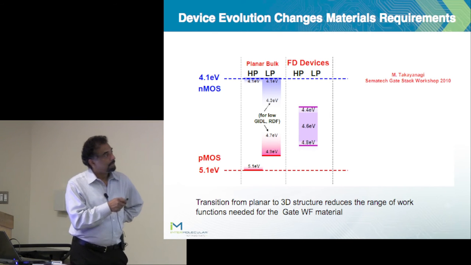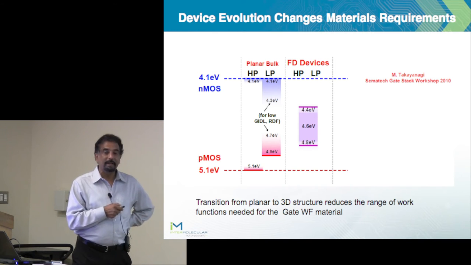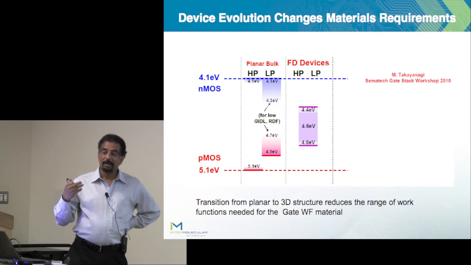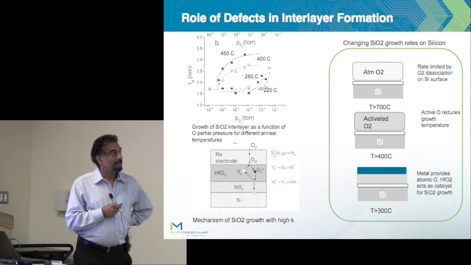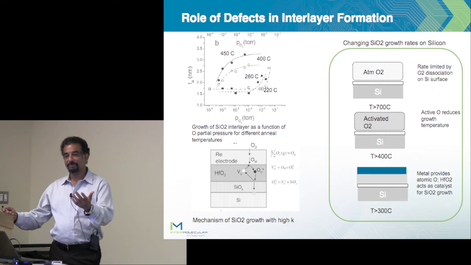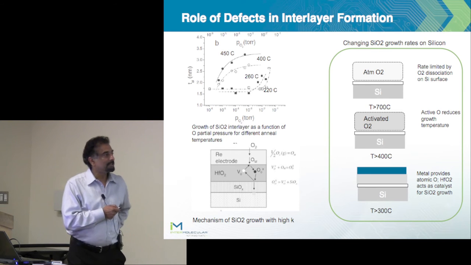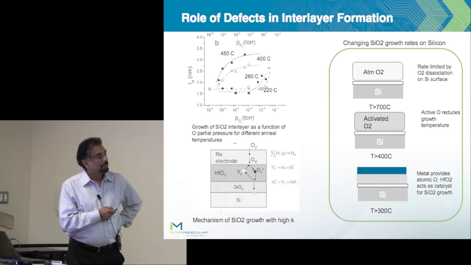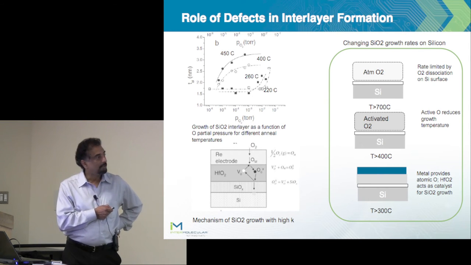And this was explained by Guha and Narayan at IBM. What they pointed out, and I'll come back to it, is the question of what is the driving force and what is the kinetics. The process consists of the oxygen in the ambient. There's a metal electrode.